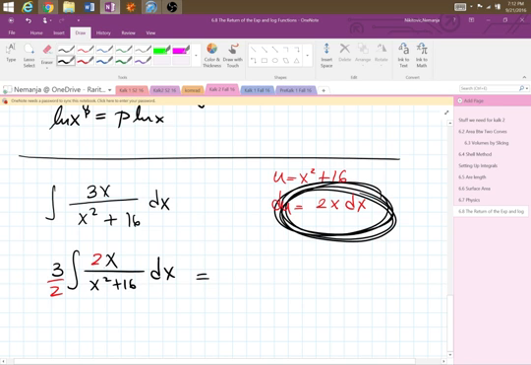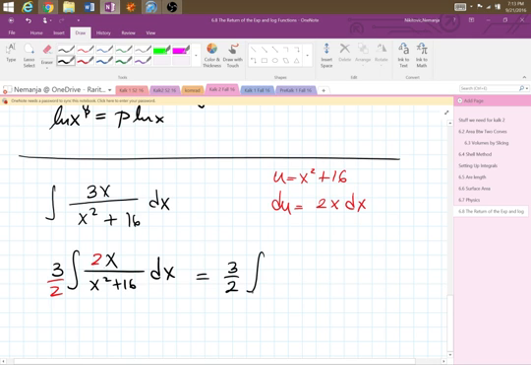And I didn't have it, right? So I make it. 3/2 du over u. And guys, that's exactly like 1 over u times du, which is ln u, plus c. And then we go with our favorite sentence.